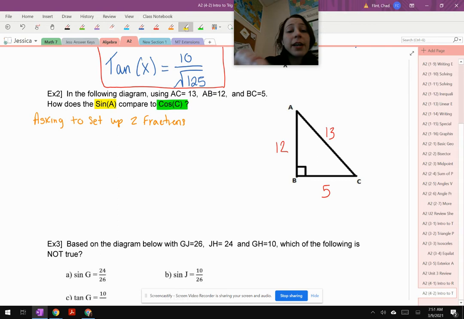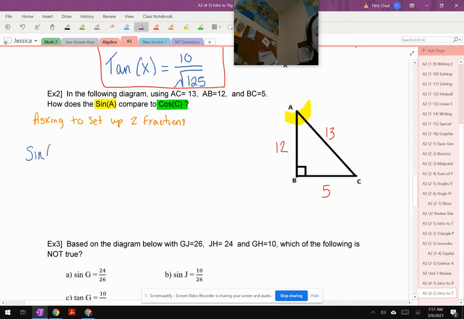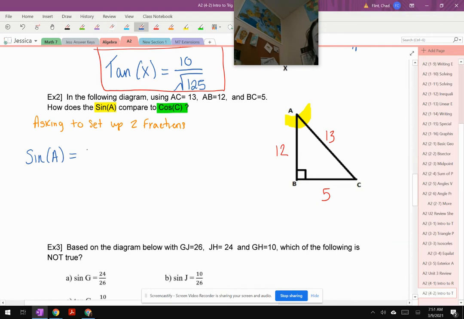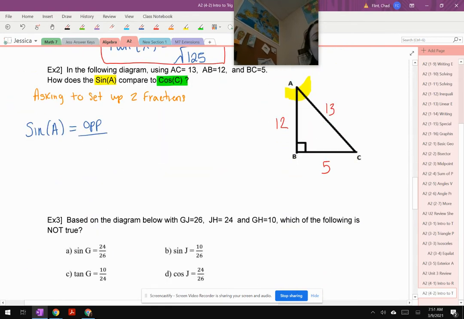So I'm going to start with the sine of A. So they want me to be using angle A, which is this angle up here. So I know that, let's go blue, my sine of A is equal to, and again, going back to that acronym, SOH CAH TOA, so is opposite over hypotenuse.